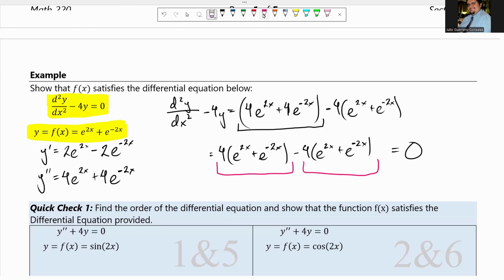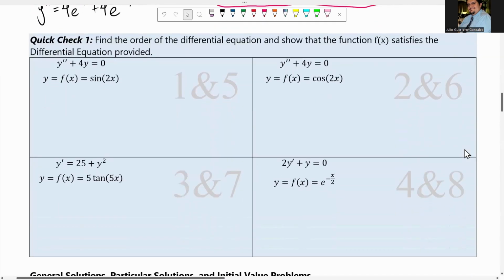Cool stuff, huh? We're getting a little used to what differential equations are for right now. I know this looks very abstract for now, but we need to learn how to play around with them first before I start showing you real good applications and how to solve these things. So what comes up next is a quick check.